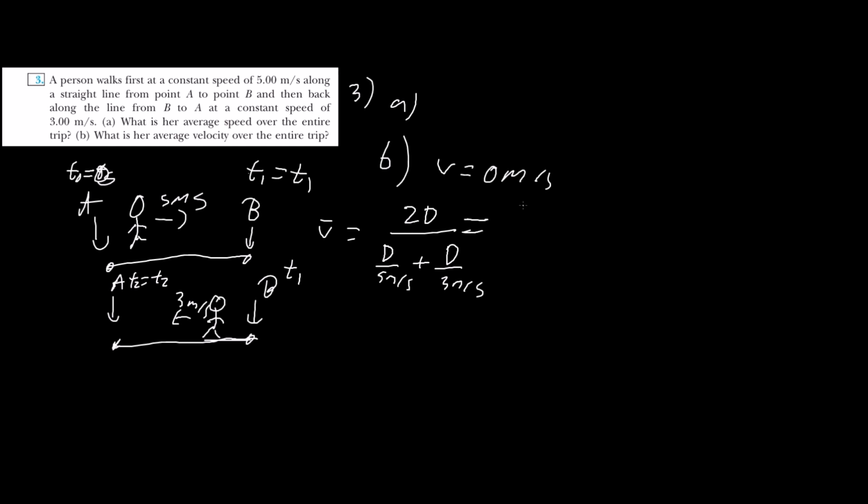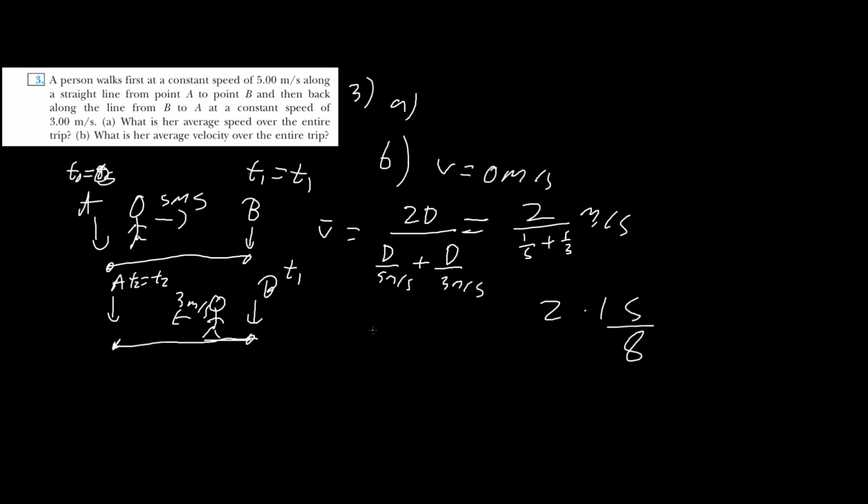So 1 over 5 plus 1 over 3 is 3 plus 5, 8 in the numerator over 15. So 2 times 15 over 8, that's 30 over 8.